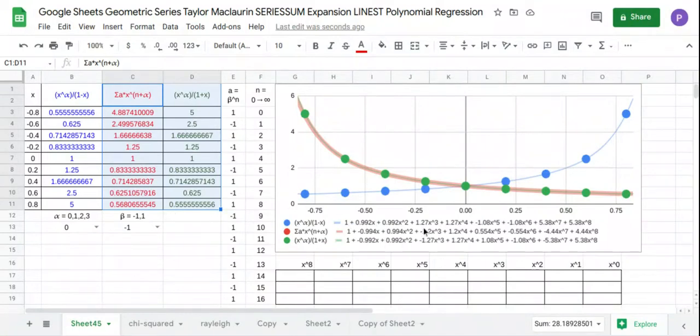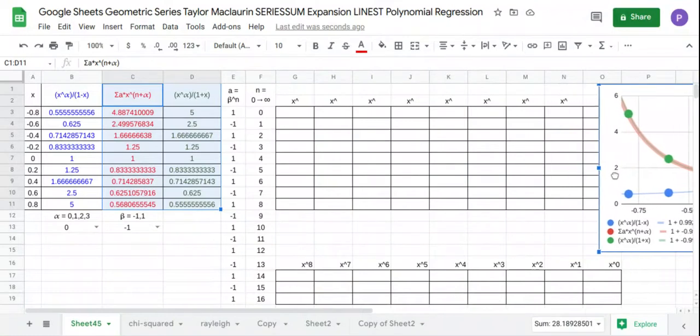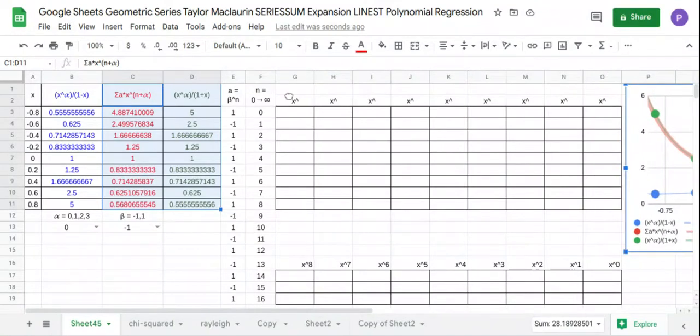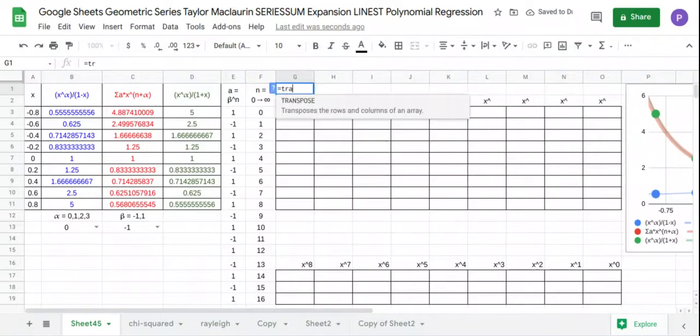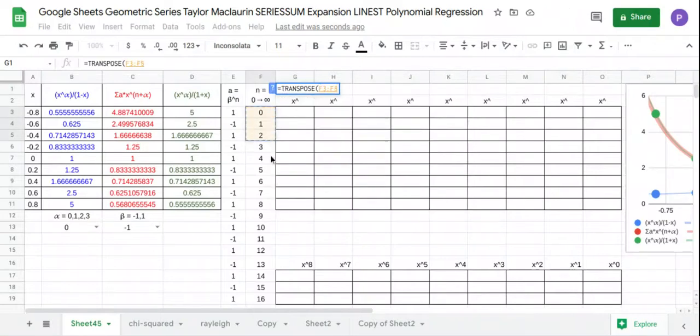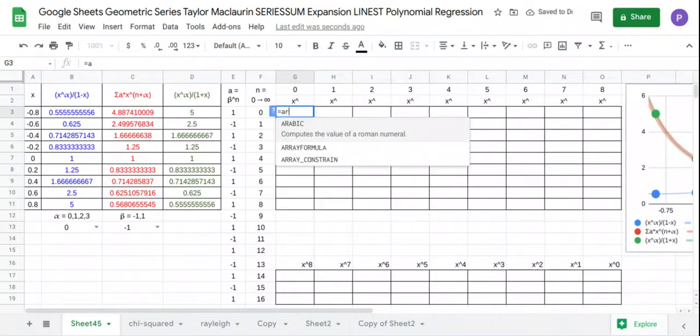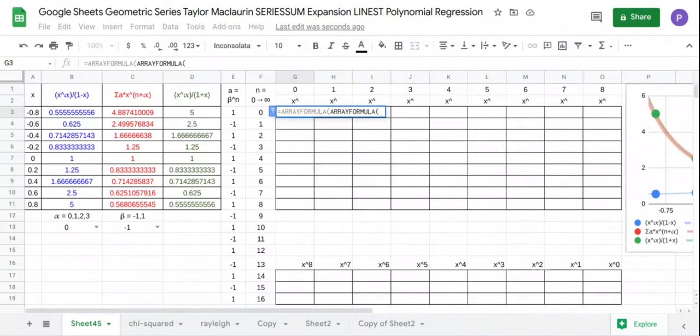We'll calculate this polynomial regression coefficients using LINEST. To do that, we complete the LINEST matrix, starting with the power, which is equal to transpose 0 to 8. And the elements of the matrix, which is equal to RA formula of the x values raised to the power 0 to 8.